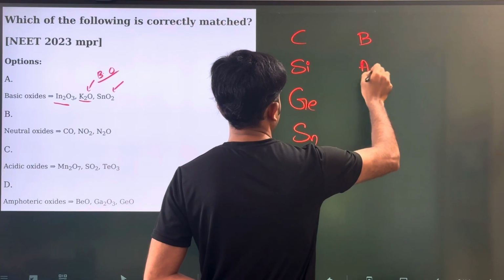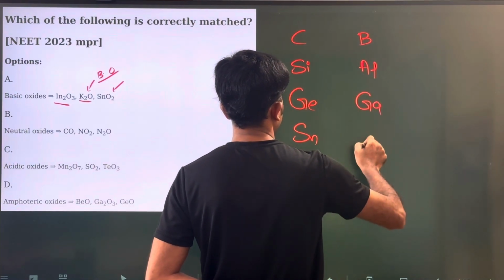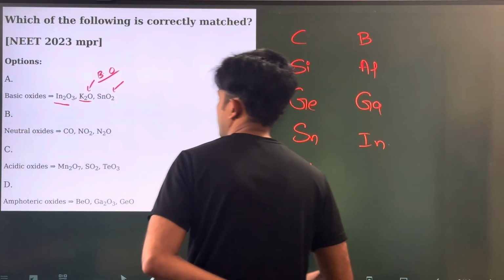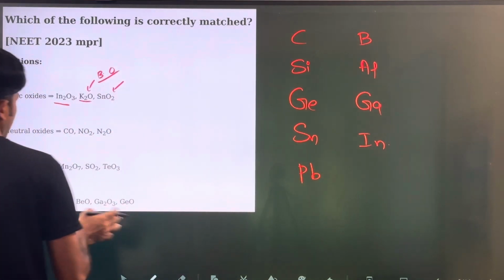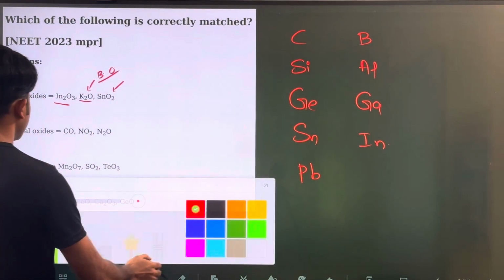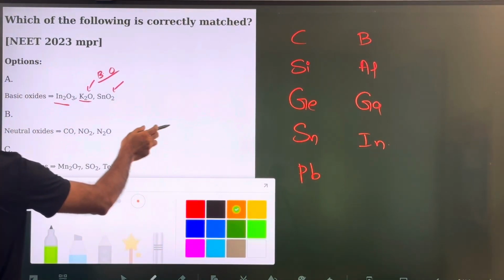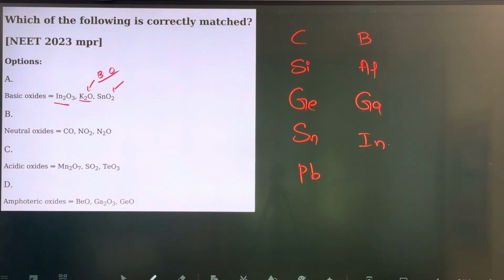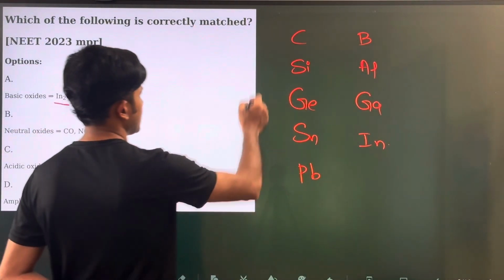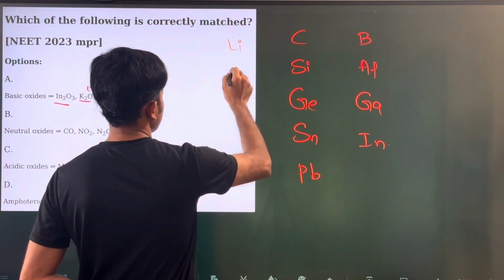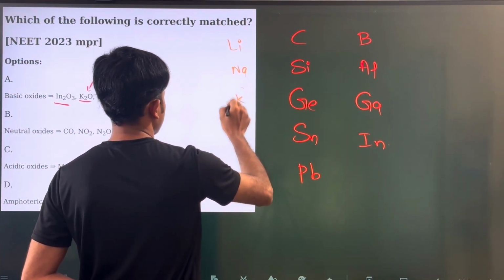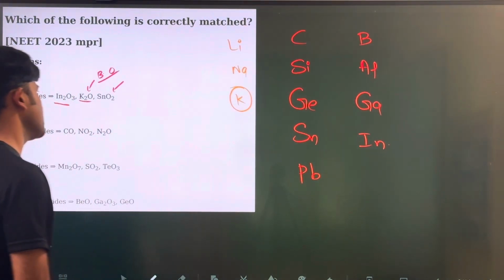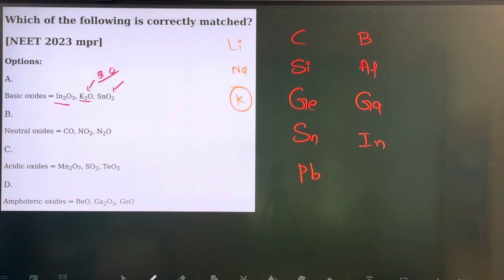First arrange the given elements like this, then you will know which one is correctly matched. Already you know that potassium oxide is metallic in nature, there is no doubt in this. Lithium, sodium, potassium. Potassium oxide is a metallic oxide, that is a basic oxide. But I have doubt about tin oxide and indium oxide.